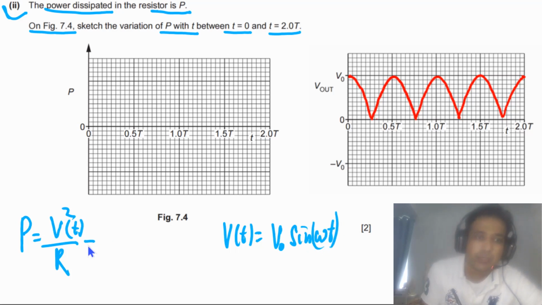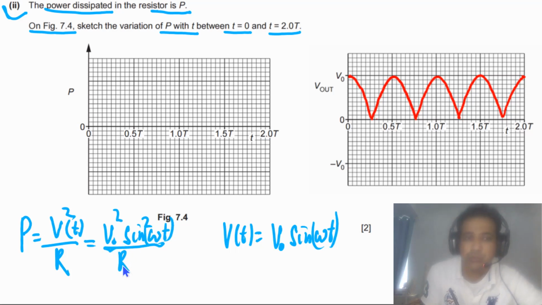So V squared here we can write as V naught squared sine squared omega t divided by capital R. In this case, V naught is constant and R is constant, so the shape of the graph has to follow sine squared omega t. Also we need to understand that when V is maximum, for example V is maximum here, power has to be maximum here.